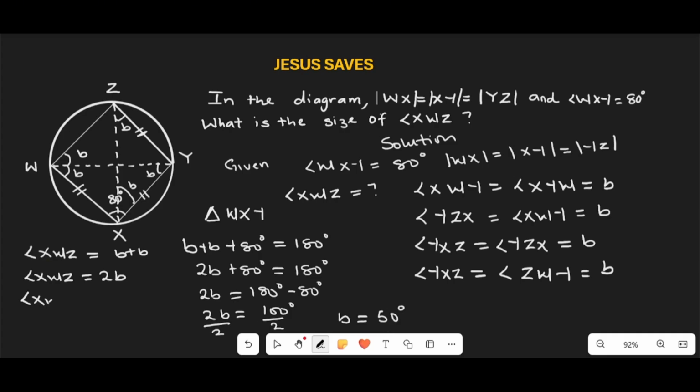Angle XWZ equal to 2 multiplied by 50 degrees. Angle XWZ equal to 100 degrees.